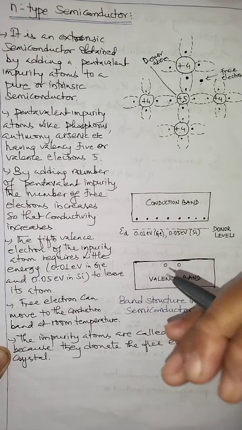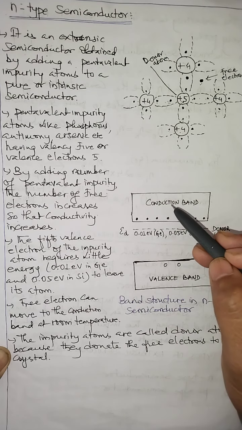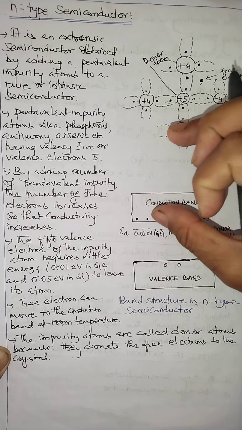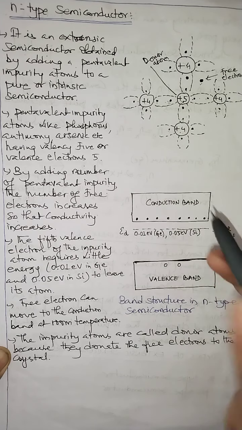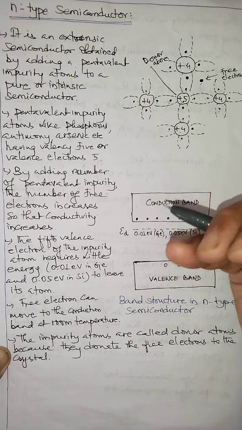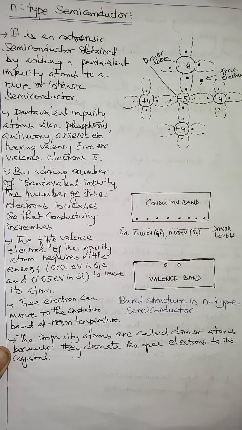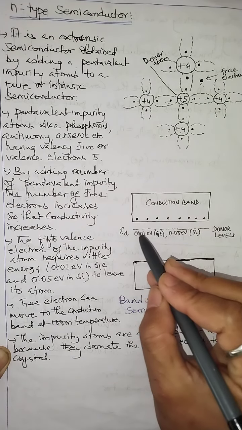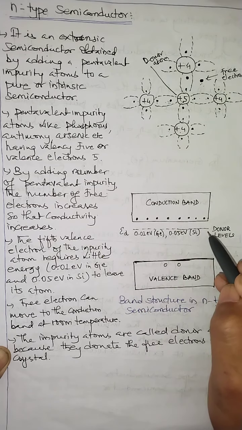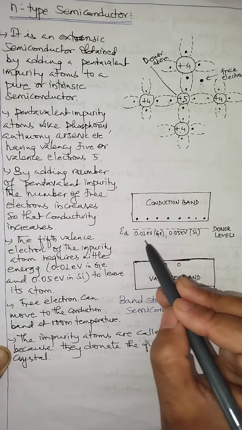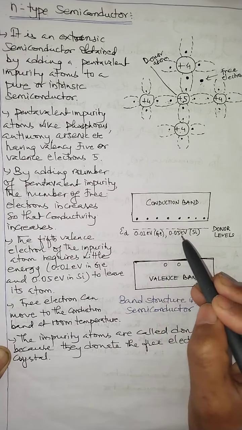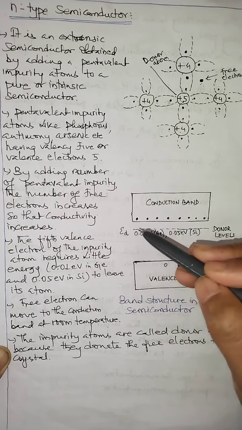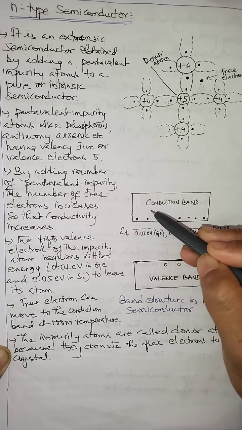If you connect this semiconductor with a cell or battery, or even if you take this semiconductor at what temperature? Room temperature. At room temperature, or if the temperature increases by a little amount, these free electrons present in the donor level acquire just this much energy, in the case of germanium and silicon, to move from the donor level to which band?